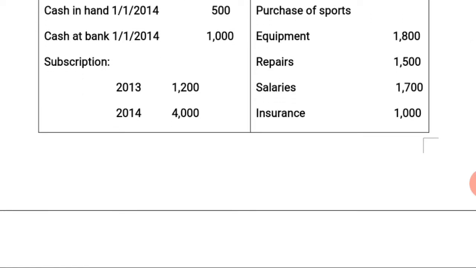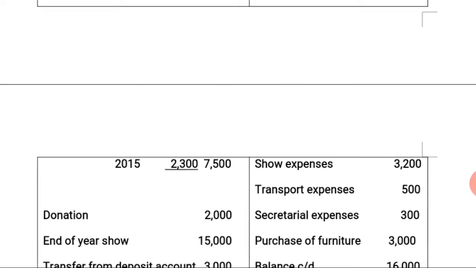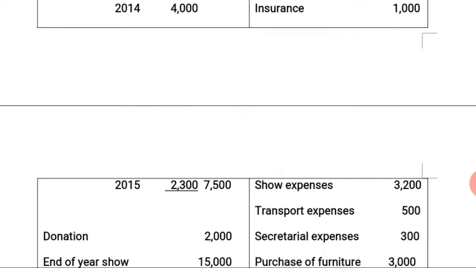And we have subscriptions collected during the year, and the subscription, we have that of 2013 collected 1200 naira, and that of 2014 collected amounted to 4000 naira, and we have subscription for 2015 collected also, which amounted to 2300 naira, and the total subscription amounted to 7500 as the cash subscription collected during the year 2014.